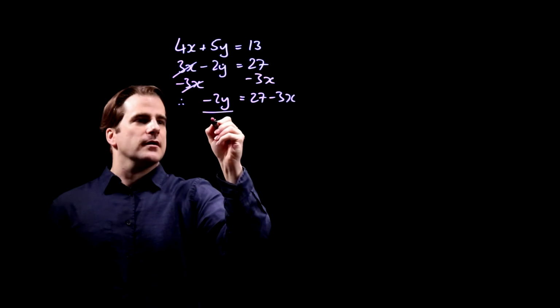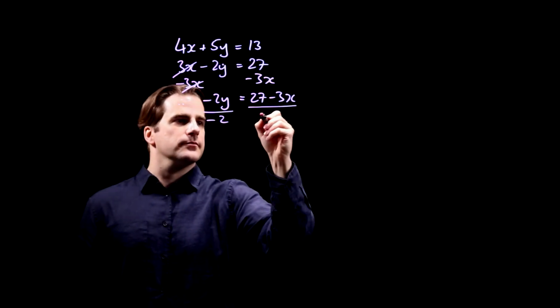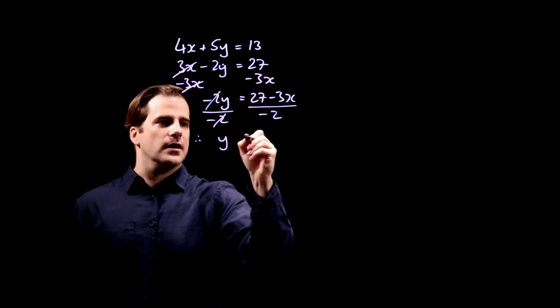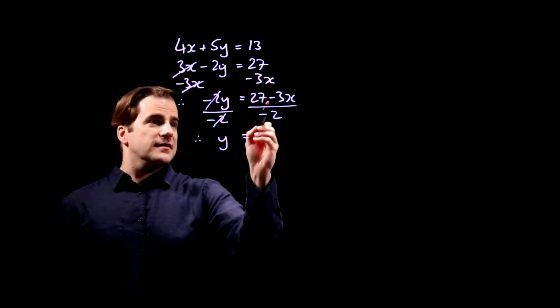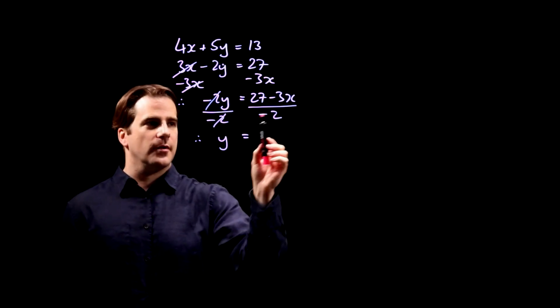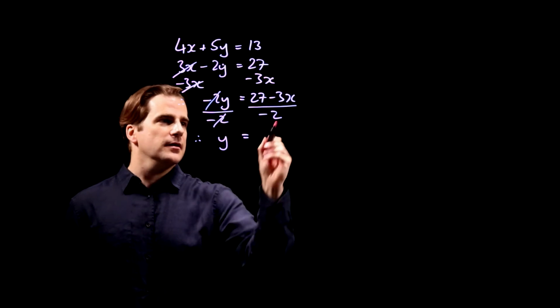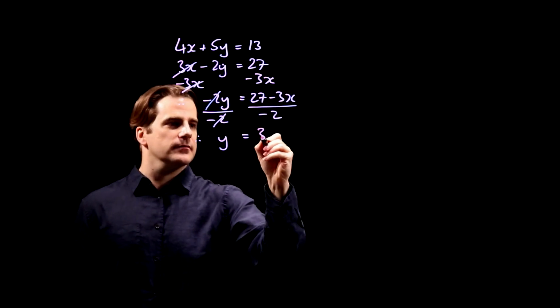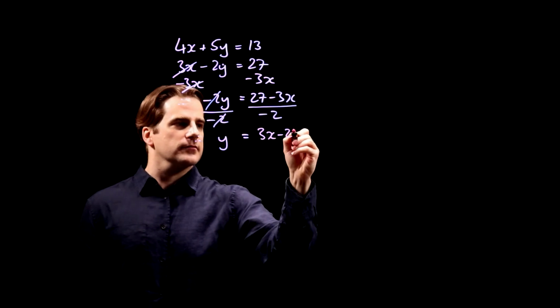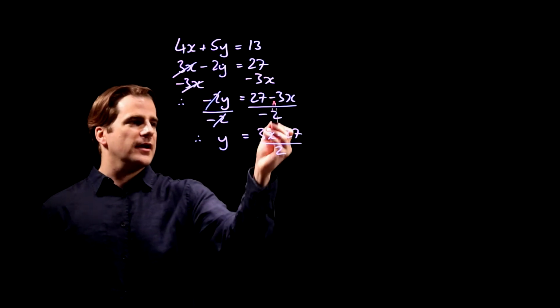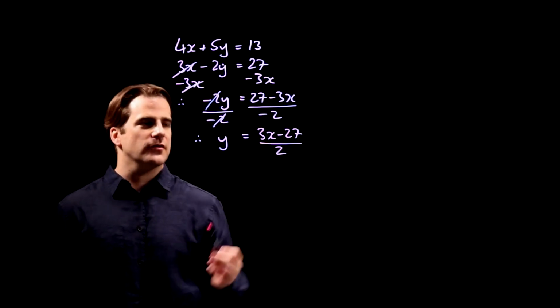Divide both sides by minus 2, and we get y is, well, it's that. I don't like the minus on the bottom, so I'm going to multiply top and bottom by minus 1. So the top becomes 3x minus 27. And the bottom becomes just 2. That and that are exactly the same thing. I've just moved signs around.